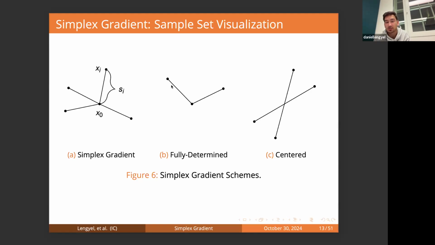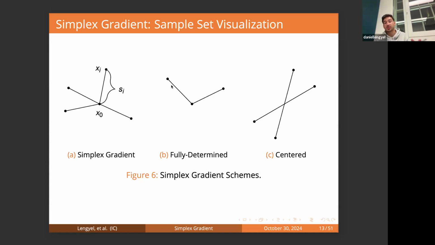So you actually improve accuracy, but at the trade-off of the number of sample points you need. The fully determined is a generalization of forward finite differences, and the centered simplex gradient naturally would be the generalization of the centered finite difference method.